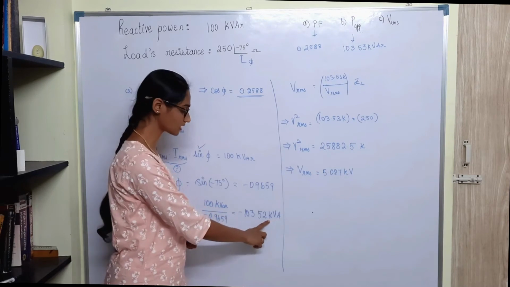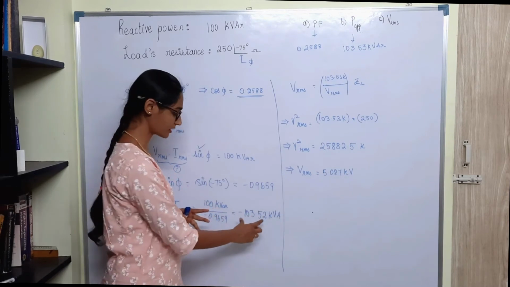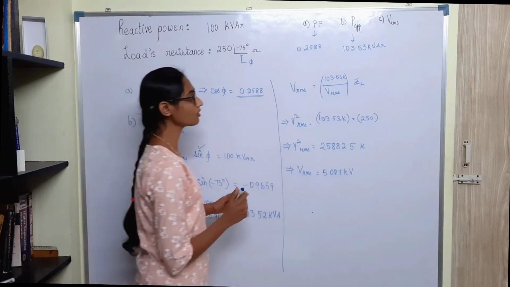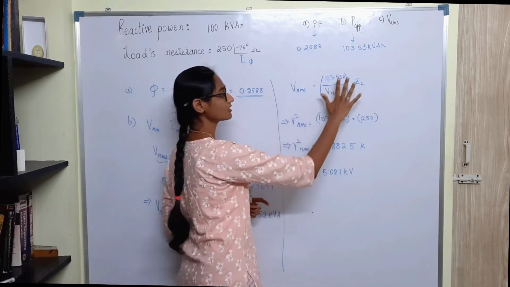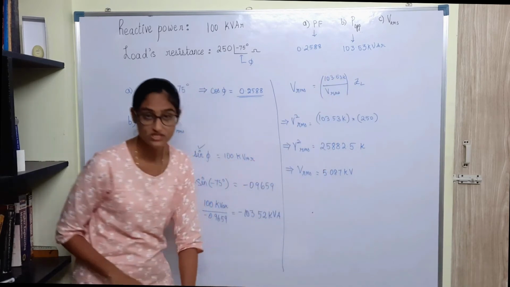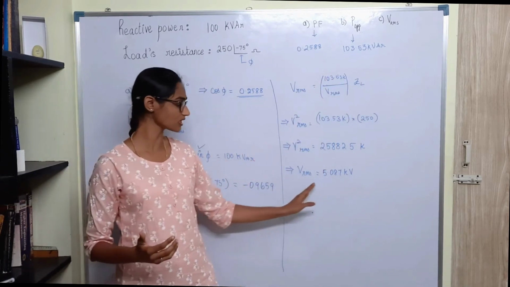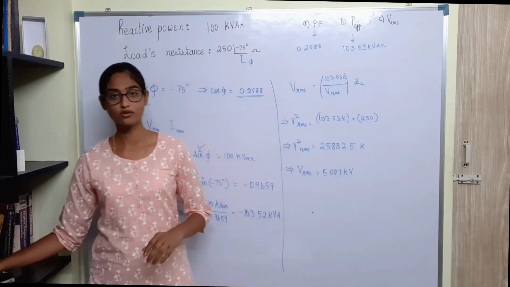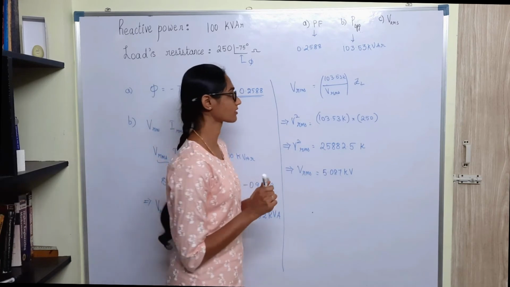People forget to consider that the apparent power will be this times 10 power 3. They will miss this kilo. So when calculating the RMS, they will just take this value which is 103.53. You may say that at the end the voltage can be put as this times kilovolt. No, that is wrong. I am going to explain how it is wrong.